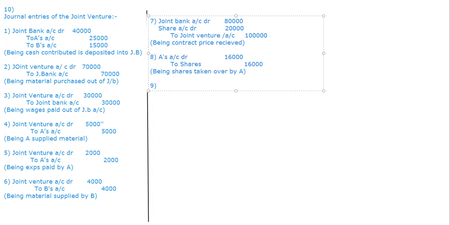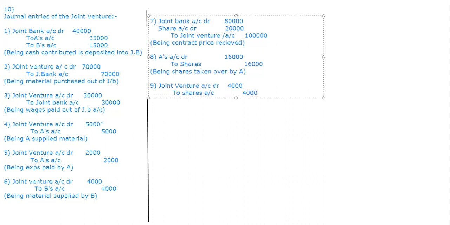Then 4,000 is the balance, no? So that 4,000 we are going to transfer. Whether it is a loss or a profit, we have to transfer it to the venture. I said we have done the same thing for a discount, so if you want, go back and check those entries. Now you see the shares which were debited with 20 have been equally credited with 20.